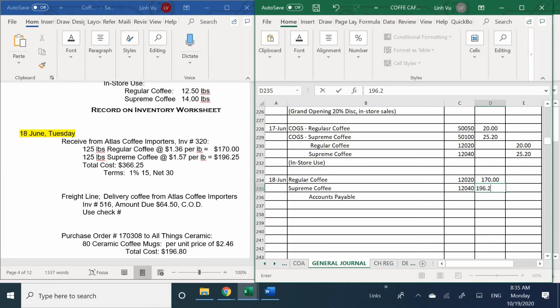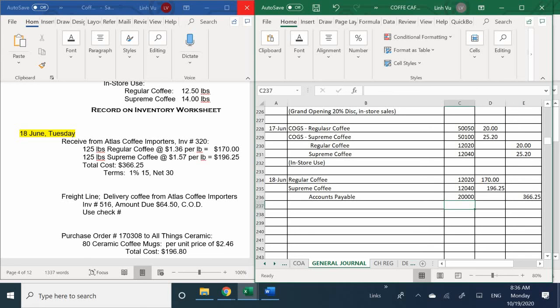Accounts payable 366.25. And what's my number on the chart of accounts for accounts payable? Accounts payable, 20000. Okay.